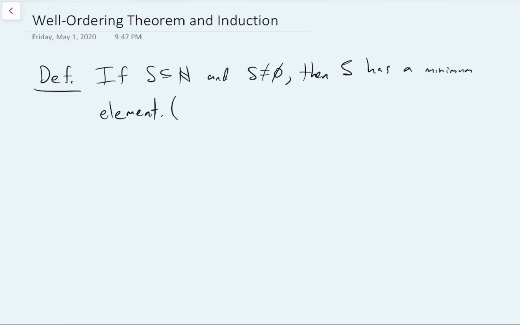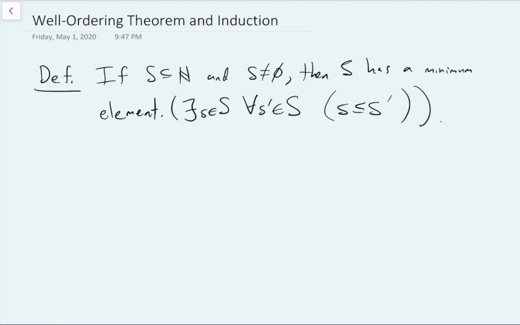What this means is that there exists some element s of S such that for any other element of S, let me call that s prime, s is less than or equal to s prime. So that's just saying there's some element that's smaller than or equal to all the other elements of S.